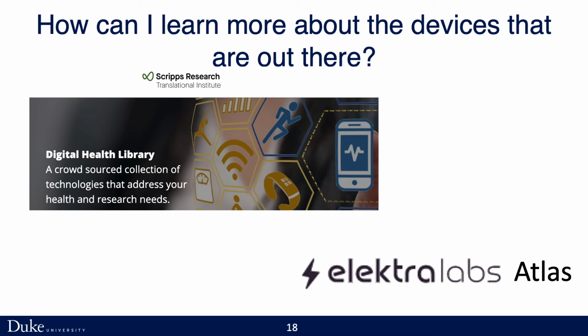First, for capturing the range of wearable devices that are out there, the Scripps Research Institute has this digital health library, which is essentially a crowdsourced collection of different wearables technologies that can be applied to a variety of different purposes. And then there's also a group called Elektra Labs that has a very similar sort of atlas of digital health technologies. So if you're not sure where to start, I would recommend going to these two resources and taking a look at all of the different wearables that are there and available for use.